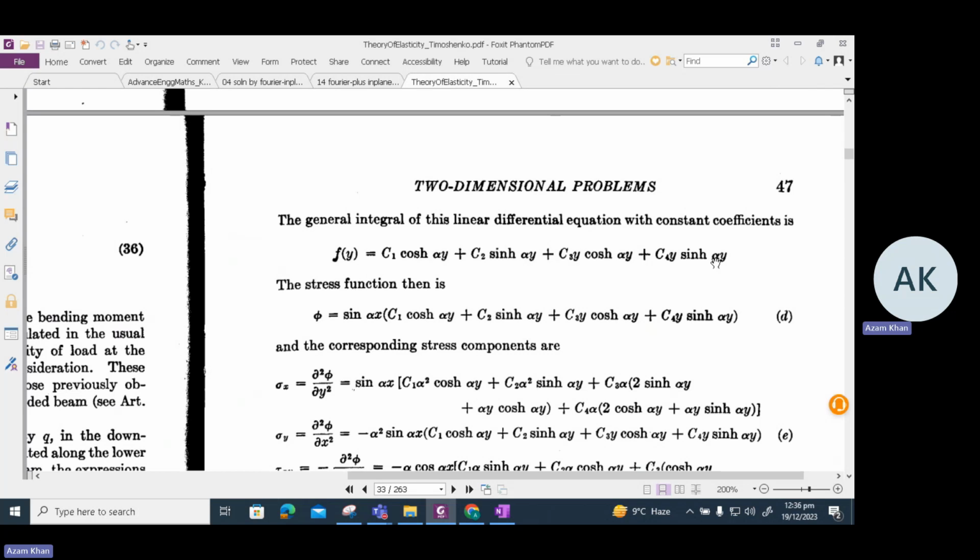Thus, we can say that term 2 and term 3 must be 0 because they are odd functions. Thus, C2 and C3 must be equal to 0 by inspection. So f(y) will be equal to C1 cosh alpha y plus C4 y sinh alpha y. Hence, by symmetry, we will eliminate the two constants.